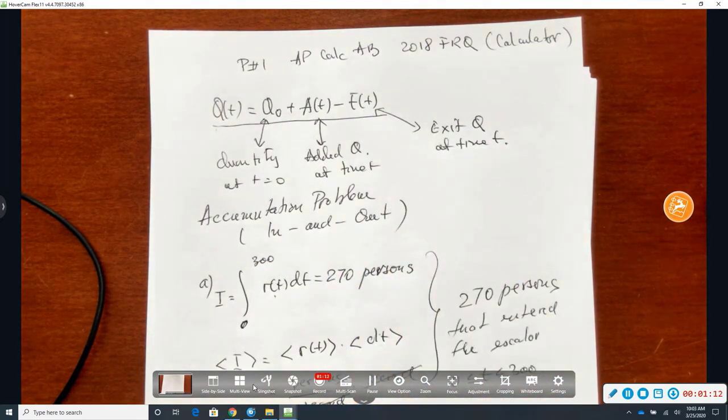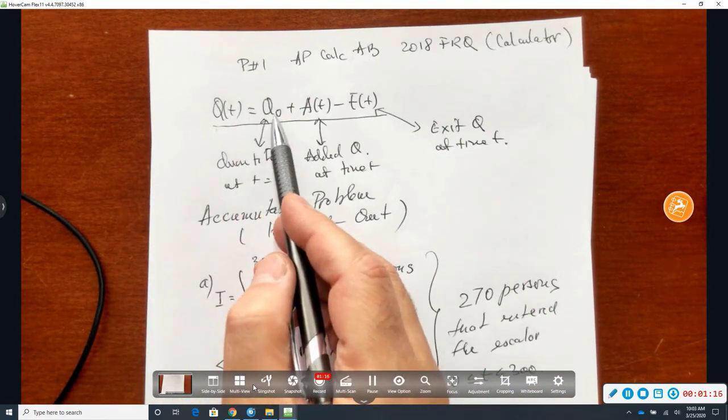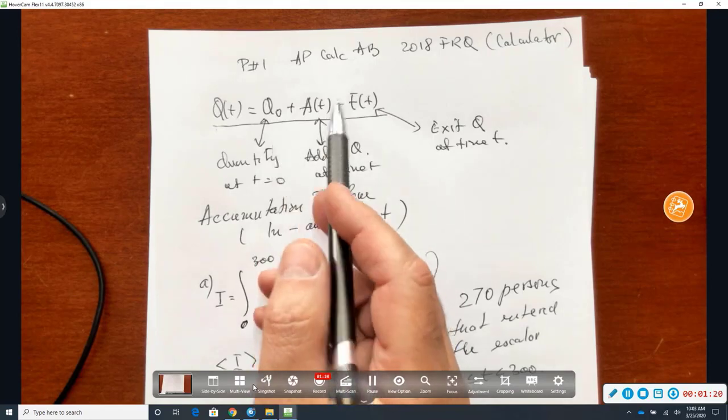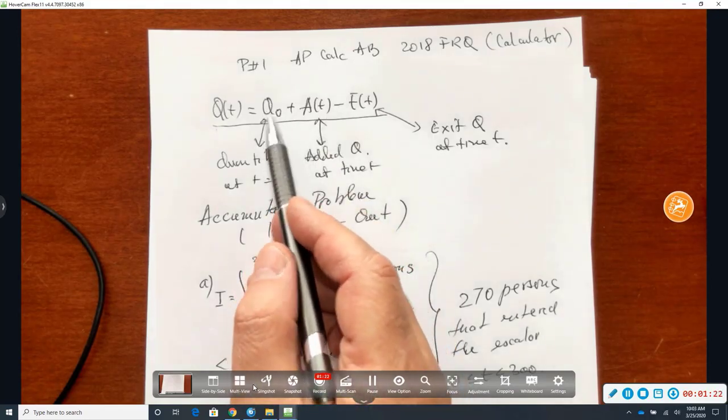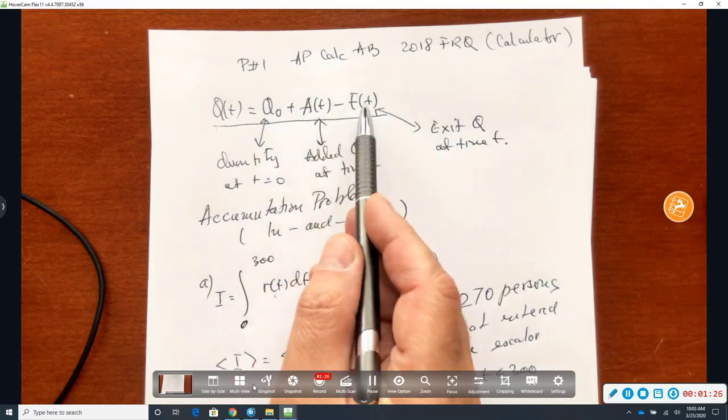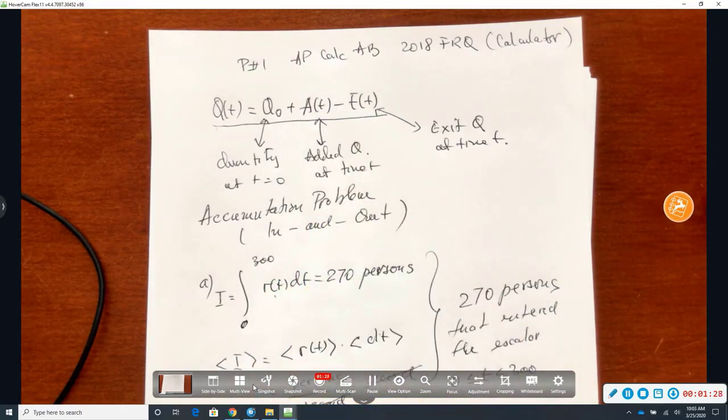So for our specific problem, the number of people at time t is going to be given by adding these three values: the number of people at time 0, the number of people entering, and subtracting the number of people that get out.